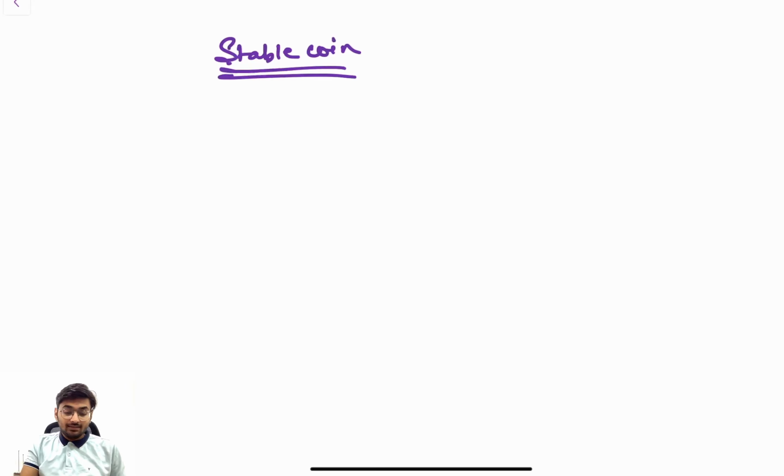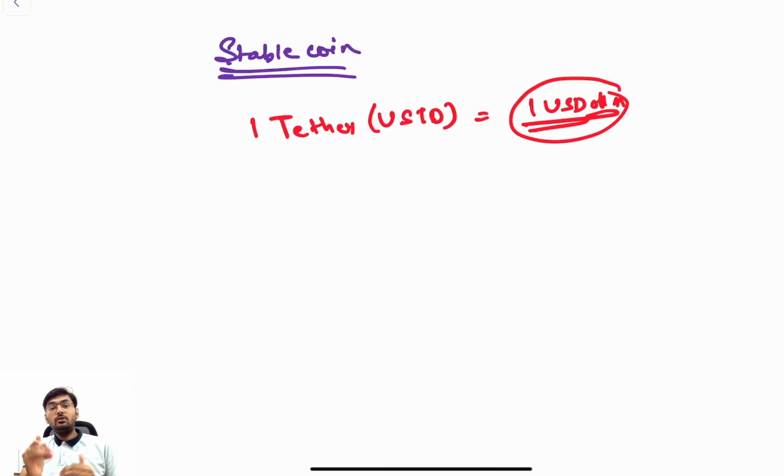The example is Tether. So one Tether coin, that is USDT, is equal to $1. So now we know that the dollar value will not increase or decrease so drastically. Clear? It will, but not that much.